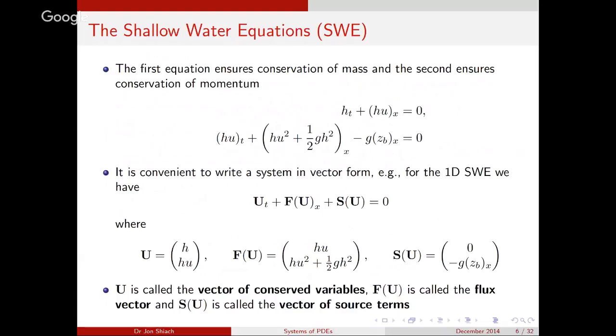In the first equation we have nothing, so 0. Second equation we have minus G derivative of Z. So U is what we call the vector of conserved variables, which contains H, mass, and momentum, so H and H times U. F is called the flux vector. S is called the vector of source terms.